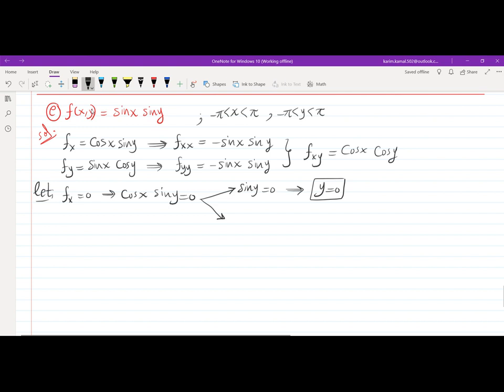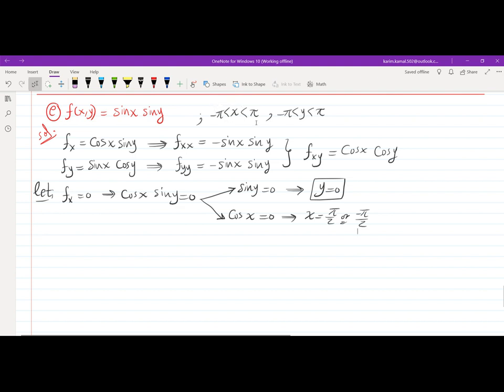And if cosine x is 0, from the curve of the cosine, you should know that cosine equals 0 at x equals pi over 2 or negative pi over 2, specifically these points, as we have a constraint or a certain domain for this function.